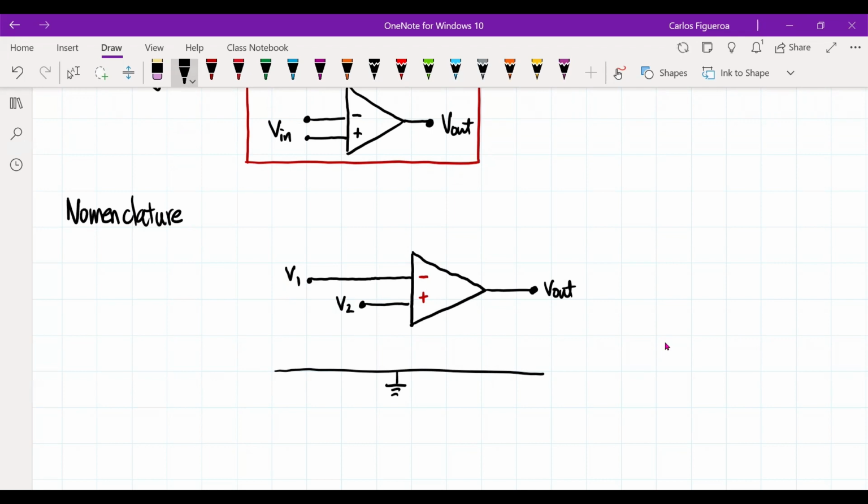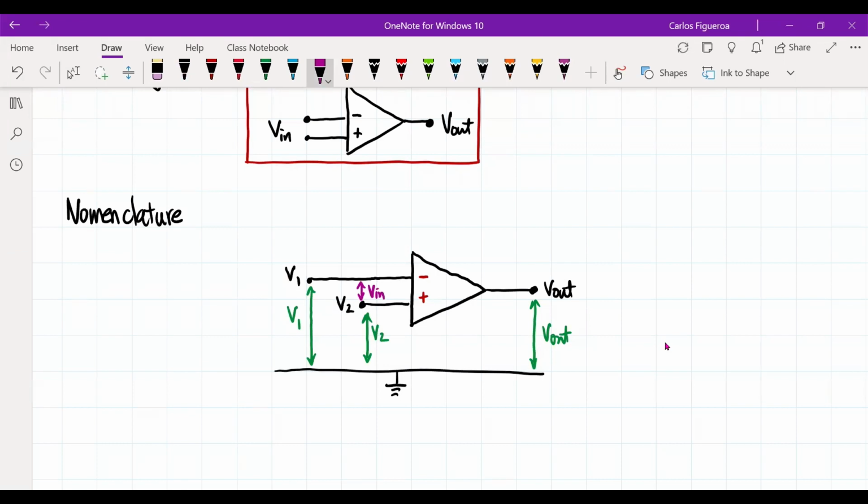When I talk about V1, that means that I'm measuring the voltage across here. So this is the voltage V1, and of course, this is the voltage V2. And then from here to here relative to the ground is V out. So what's Vn? Vn is the difference between these two right here.